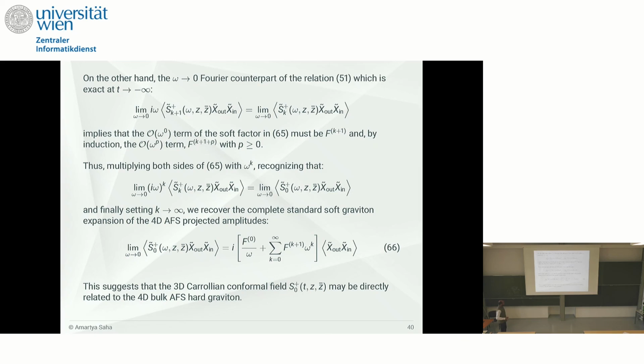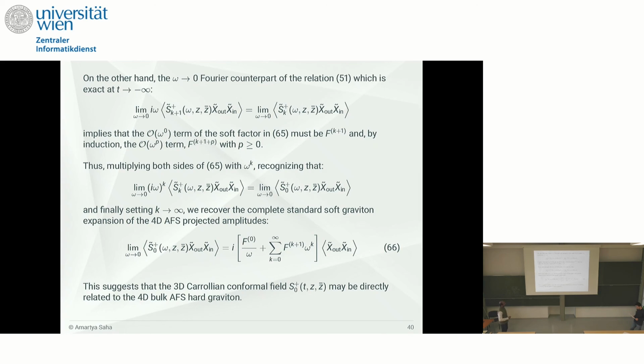So this suggests that this S0 plus T field may be directly related to the 4D bulk AFS hard graviton, because we need the explicit soft limit to find the soft graviton expansion.